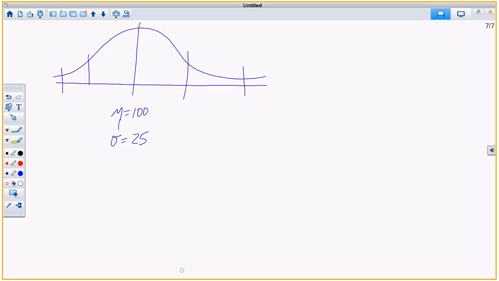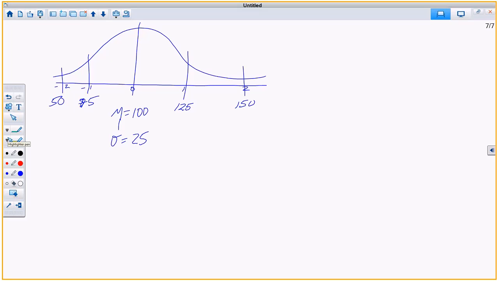So this is 100, this would be 125, this would be 150, this would be 75, and this would be 50. And this is 0, 1, 2, -1, and -2.